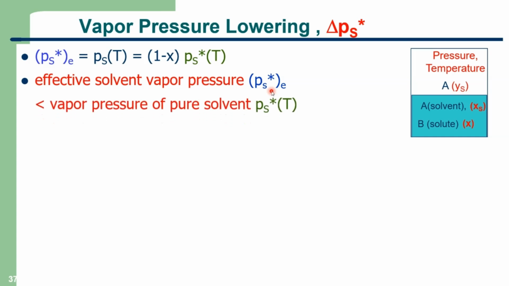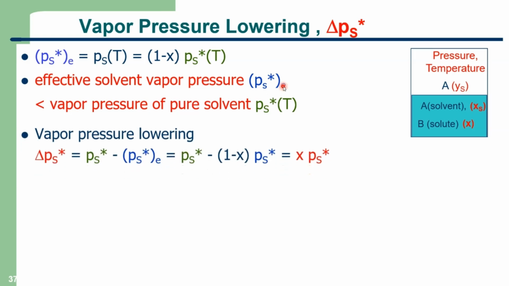That's what we know before, right? So the vapor pressure lowering delta PS will be equal to PS star, the vapor pressure without solute, minus this, the vapor pressure with solute.